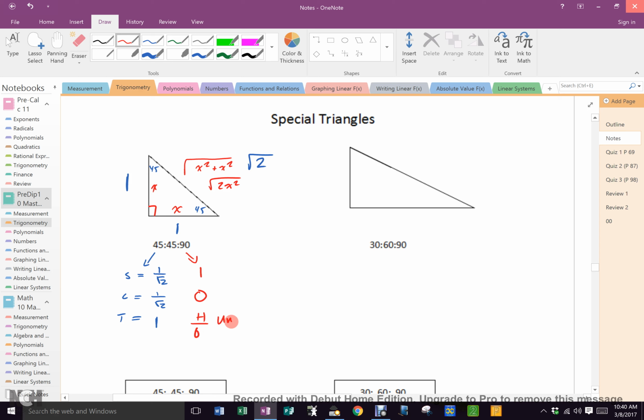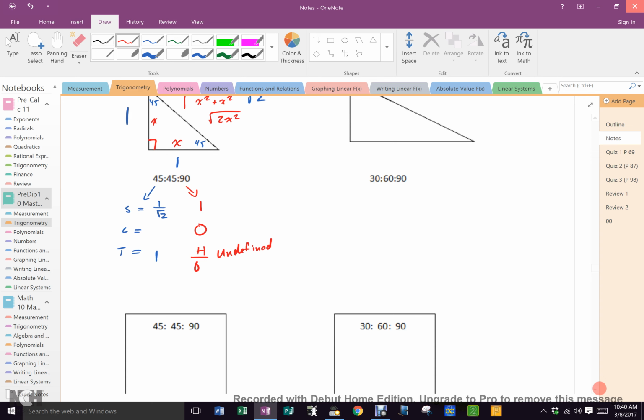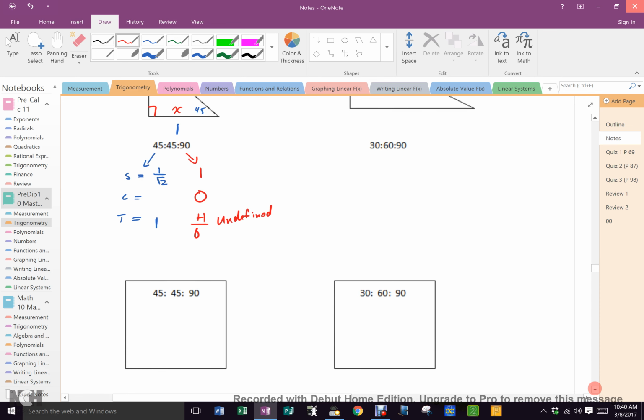No. So the tan of 90 is undefined. Now, please understand, in your previous math classes, your teacher would have told you 1, 0, and undefined. That's not what grade 10 and higher is about. Here you got to know why. Is everybody cool with why?